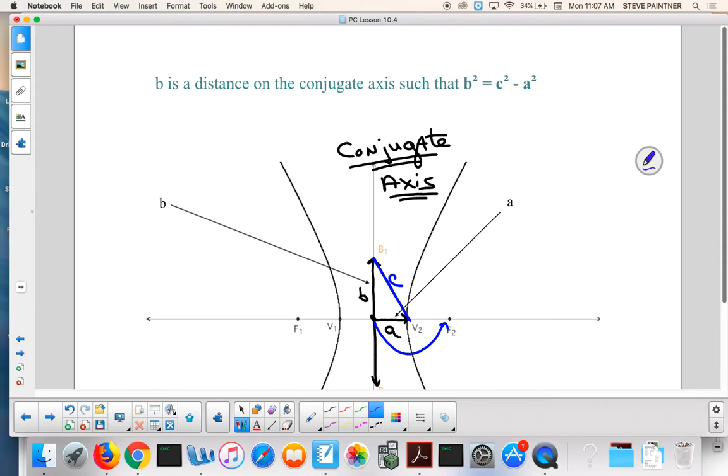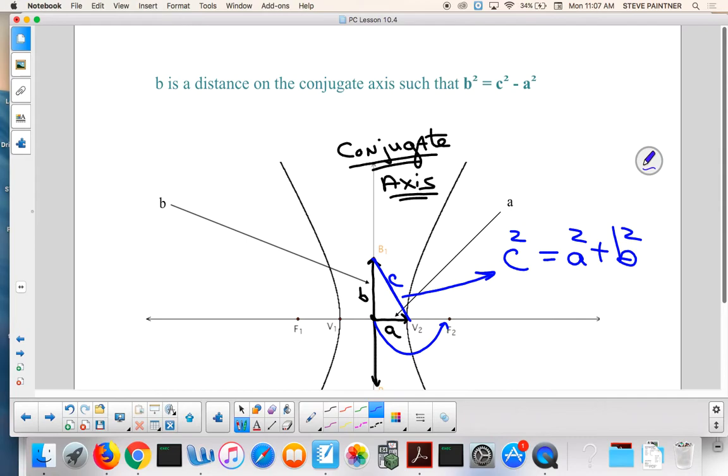Remember this triangle up here? In the ellipse, this triangle brought this Pythagorean relationship, a squared equals b squared plus c squared, but you're going to get what out of this? What Pythagorean relationship is this? C squared equals a squared plus b squared. Just like you're used to, right?